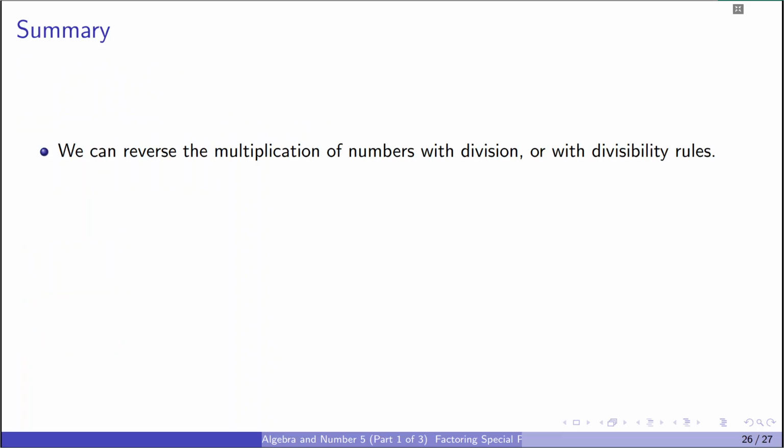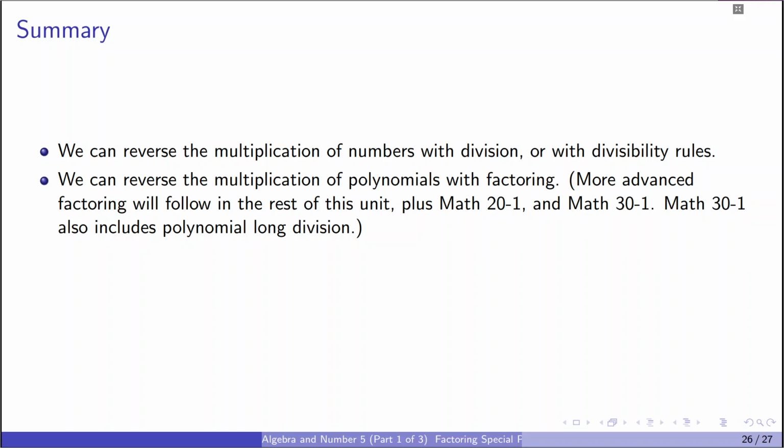In summary, we can reverse the multiplication of numbers with division or with divisibility rules. We can reverse the multiplication of polynomials with factoring. We will see more advanced factoring as we go forward, including a polynomial version of long division.